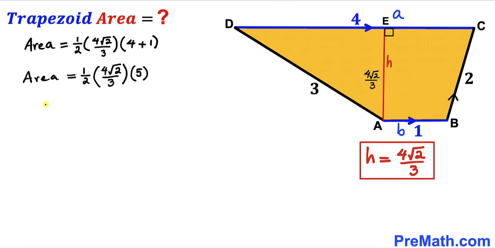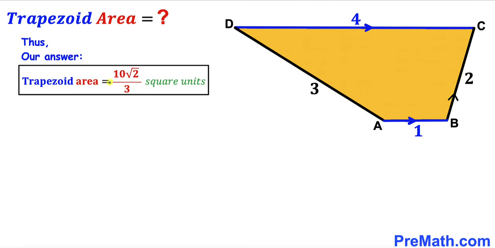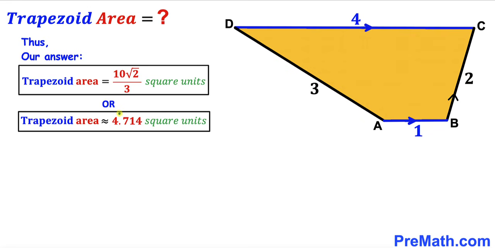And if we simplify everything on the right hand side, the area of this trapezoid is going to be 10 times square root of 2 divided by 3 square units. So thus the area of this trapezoid turns out to be 10 times square root of 2 divided by 3 square units, and that is going to be approximately equal to 4.714 square units as well.